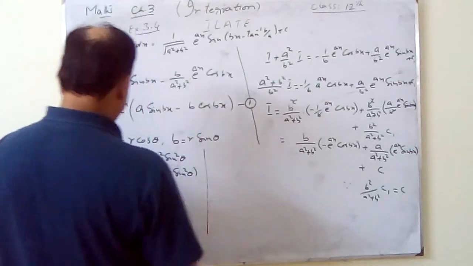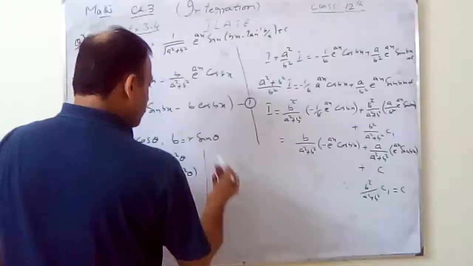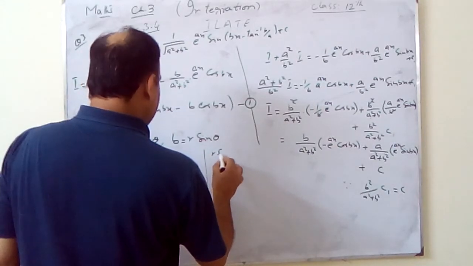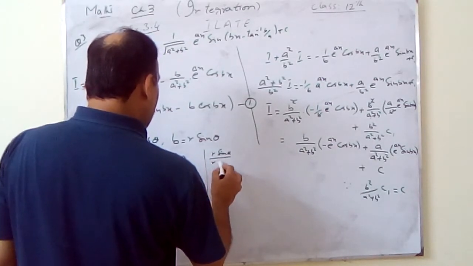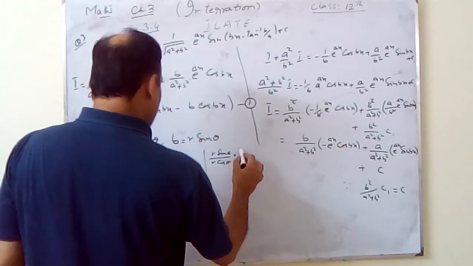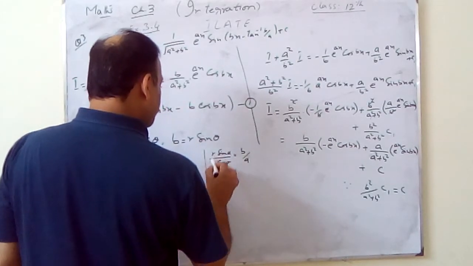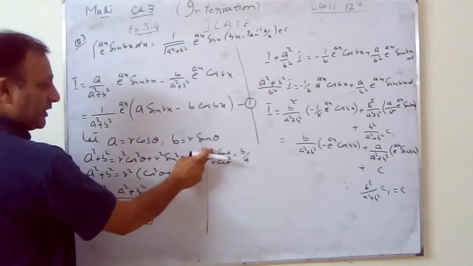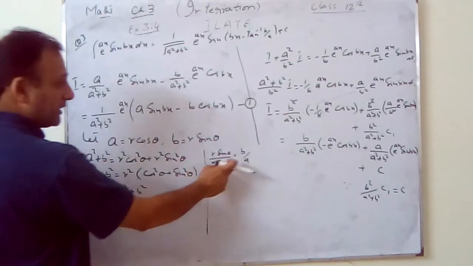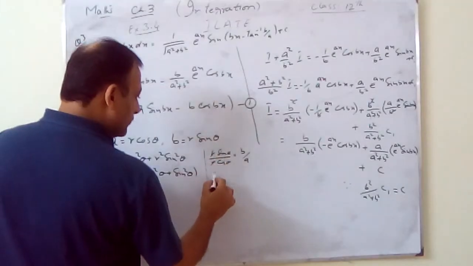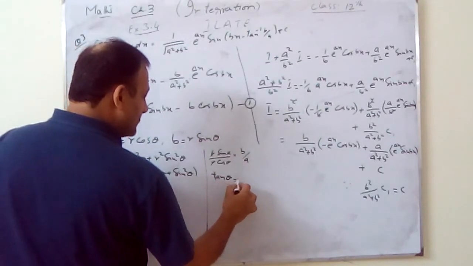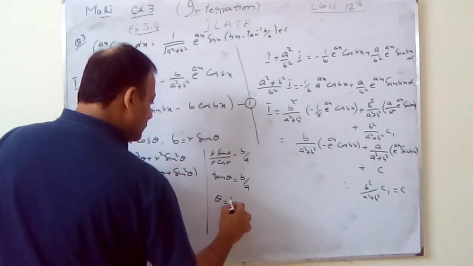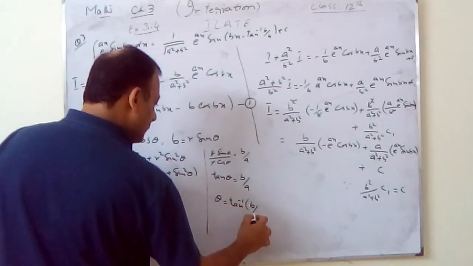And likewise dividing these two, we get r sin theta over r cos theta is equal to b over a. So r sin theta over r cos theta, both are cancelled, so tan theta is equal to b over a, or theta is equal to tan inverse b over a.